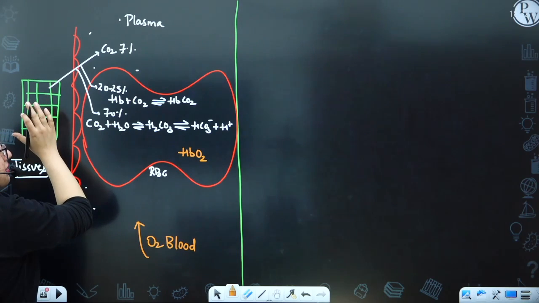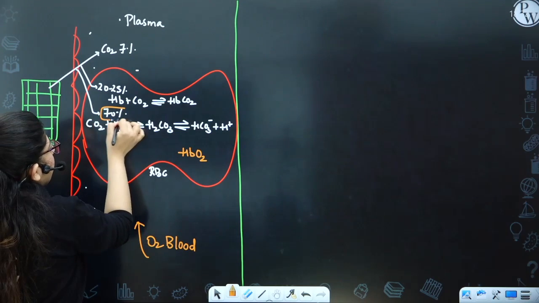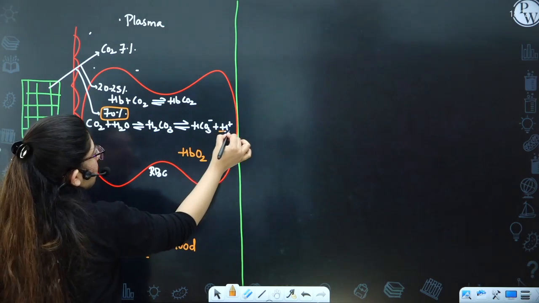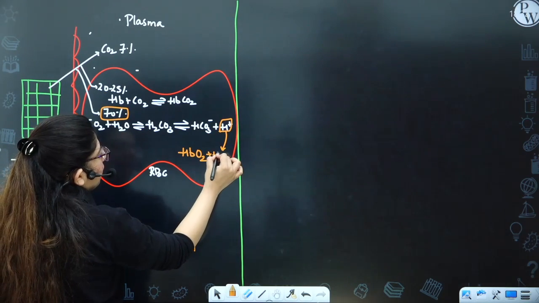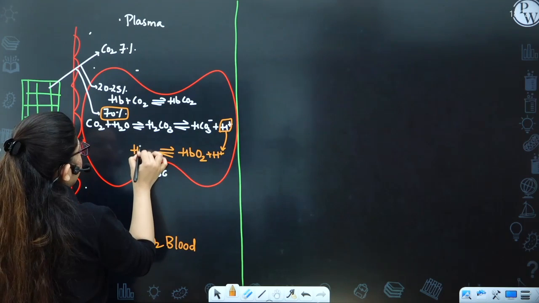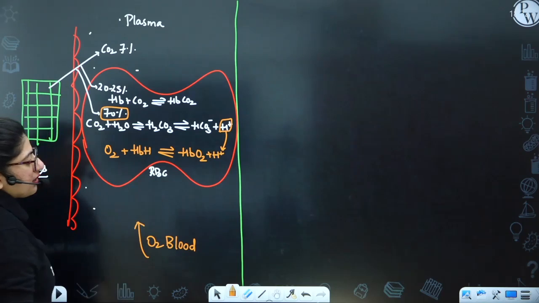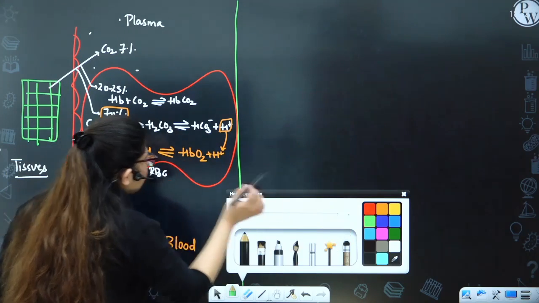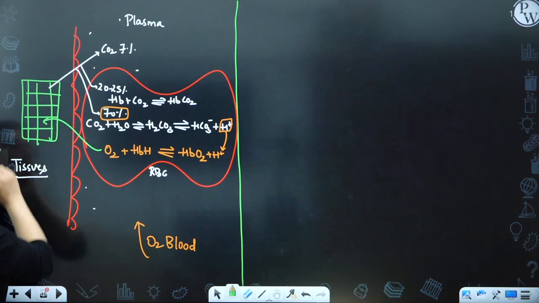Now it has reached the tissues, the CO2 will come here, 70% of which will form H positive ions. These H positive ions will now react with it because it's the enemy of it, and will lead to the dissociation of oxyhemoglobin, and hence this oxygen will be released and enter into the tissues.